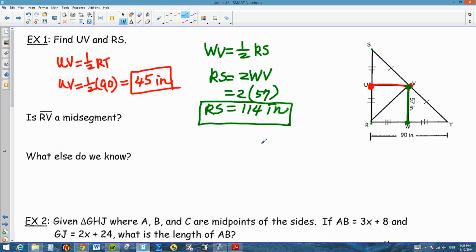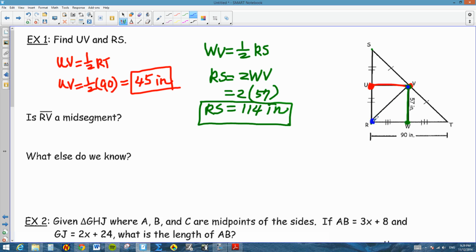Midsegment theorem. Okay, so is RV a midsegment? Look at the RV. Let's use a different color for that. R is here. V is here.